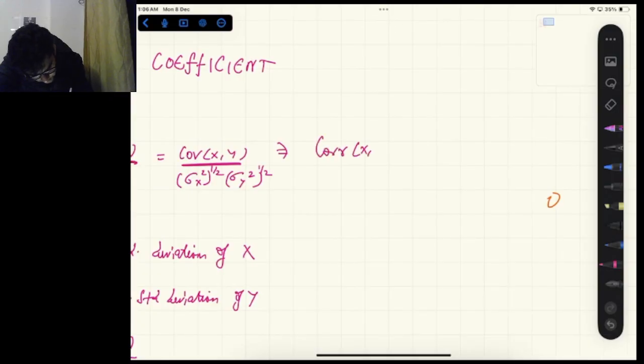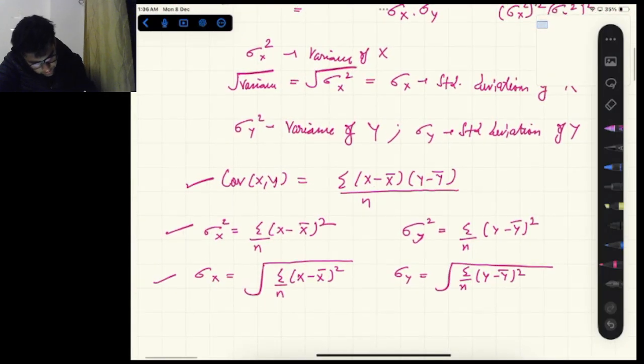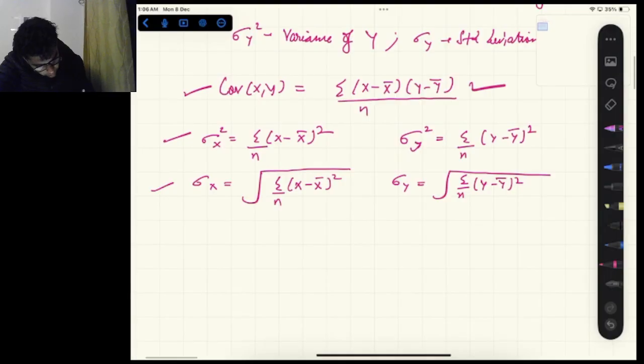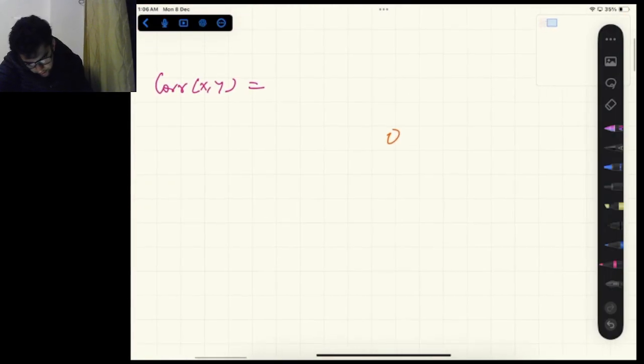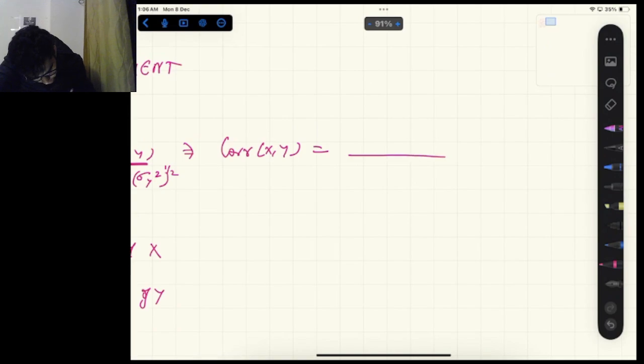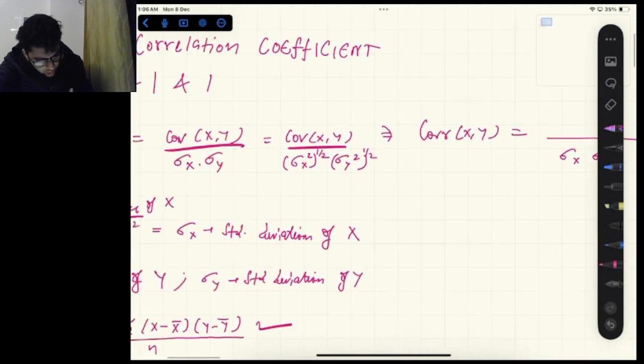correlation x comma y is equal to the covariance. So what was the formula for covariance? This was my formula for covariance, and this is my formula for standard deviations, right? So I can write this formula as, if I just keep my denominator same, if I just write my denominator as sigma x only and sigma y only, now I'm only changing the numerator.